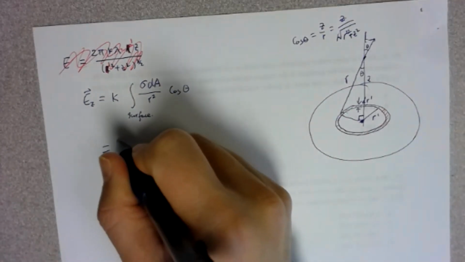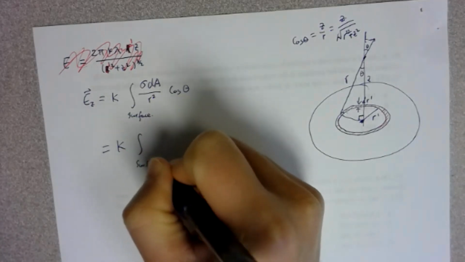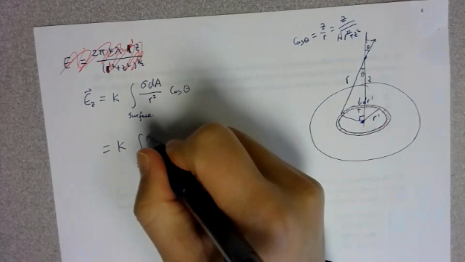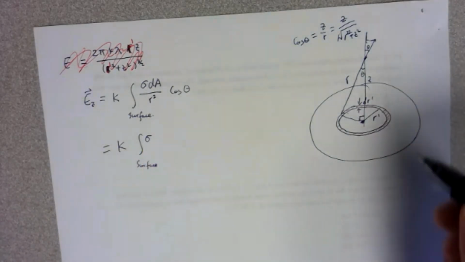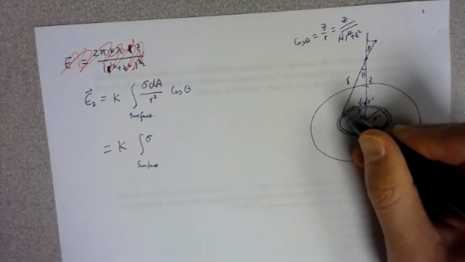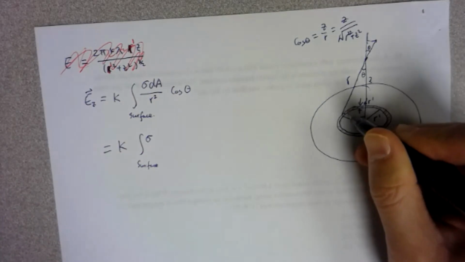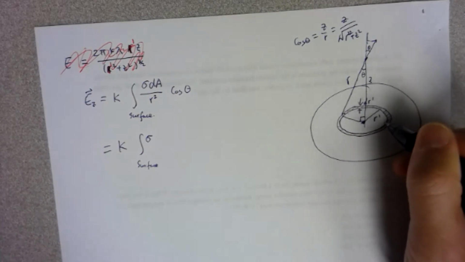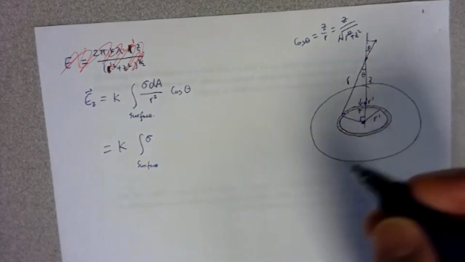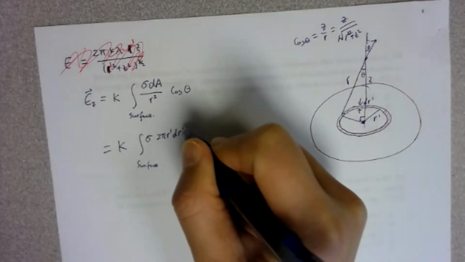So this now becomes k integration through the surface. Sigma is the area charge density, and dA is equal to this small ring's surface area, which is 2 pi r prime times dr prime.